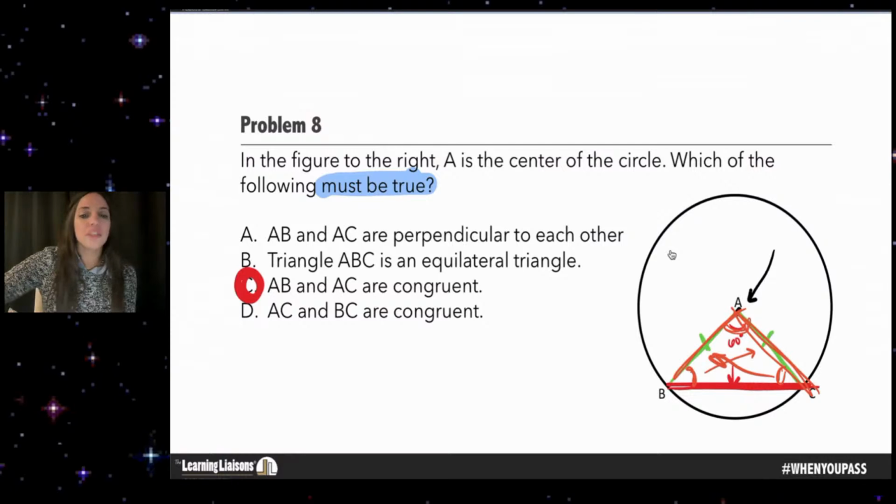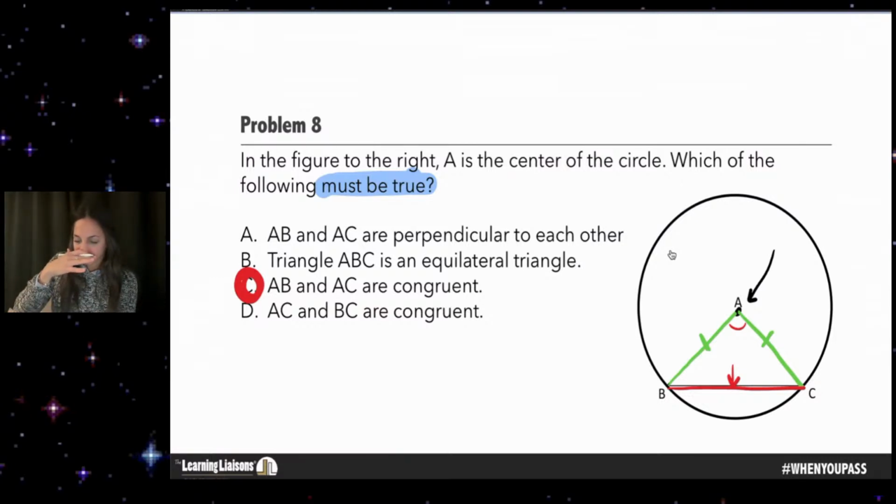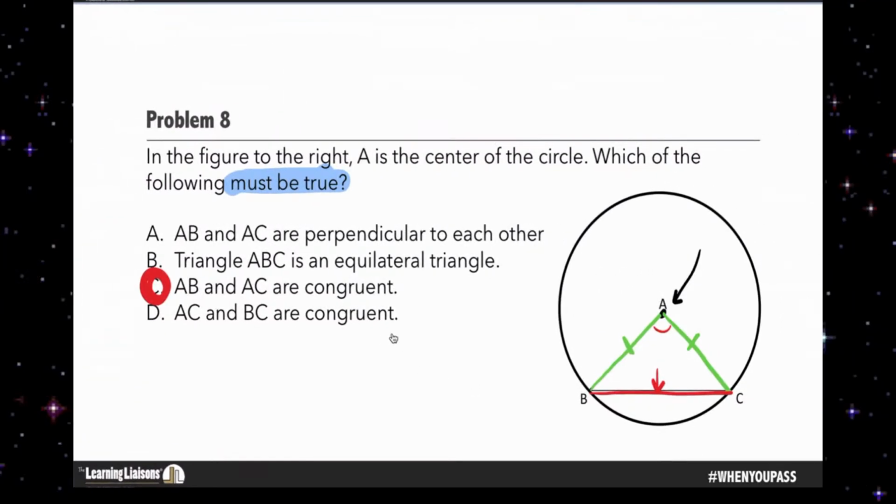So all of that would prove that BC is also equal, but it didn't give us any of that information. So therefore, C is the correct answer. Questions about that? All right, let's go to the next problem.